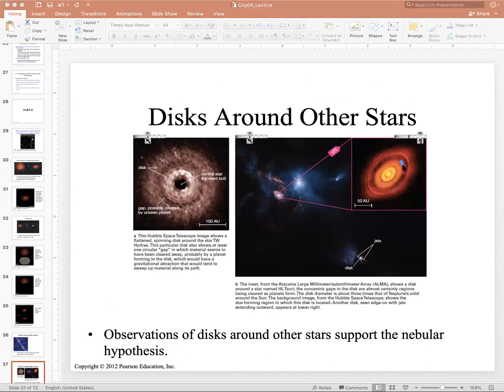Do you see these gaps? These gaps are there because another planet is forming here, probably a hot Jupiter or a planet like Jupiter. It's forming, and it's just eating all of the gases and dust that's around it. So that's why there are these gaps here. So we have seen the same stuff happening in other solar systems.